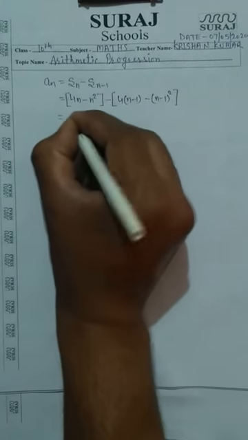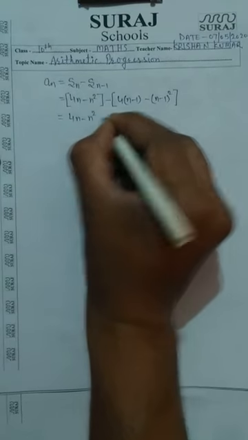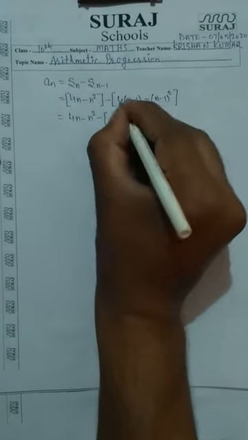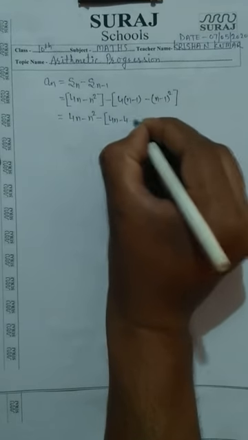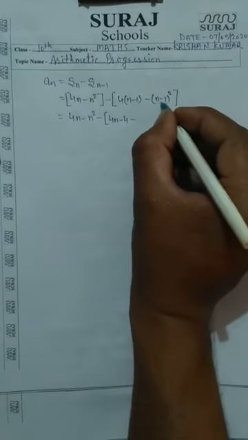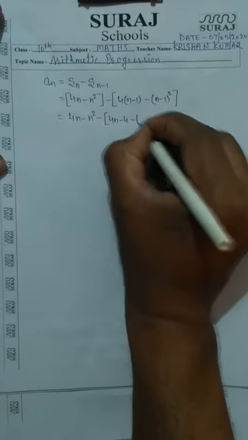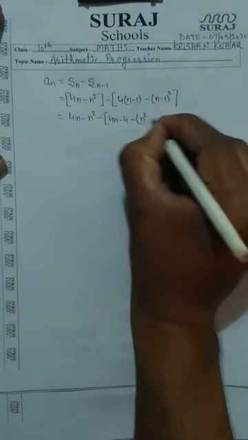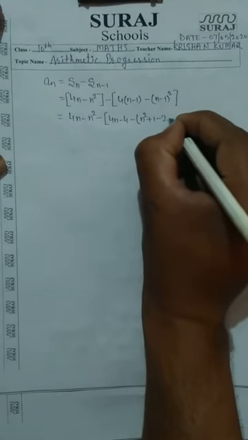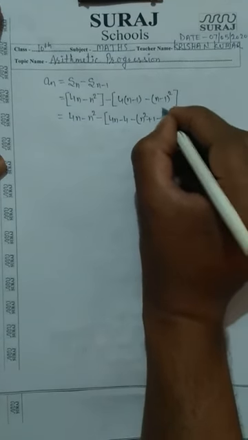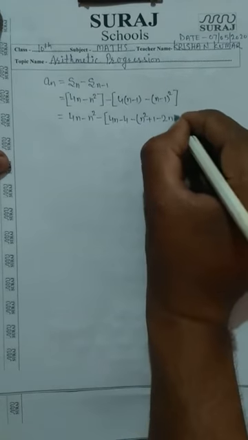Okay, let's open it. 4n minus n square minus, inside the bracket we do the multiplication: 4n minus 4. Minus, here the whole square of a minus b will be opened, so we open a minus b whole square: a square plus b square, 1 square is 1, minus 2ab, 2 into a is n, into b is 1, that means 2n.